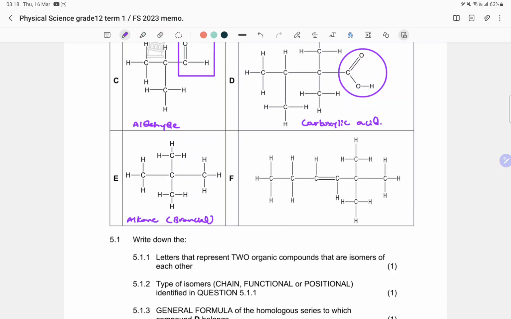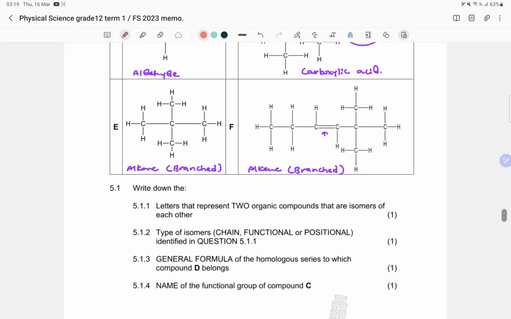And then we're looking at this one. The double bond tells us we're looking at an alkene. Again, it is branched. Okay, good. So we know what we're dealing with.